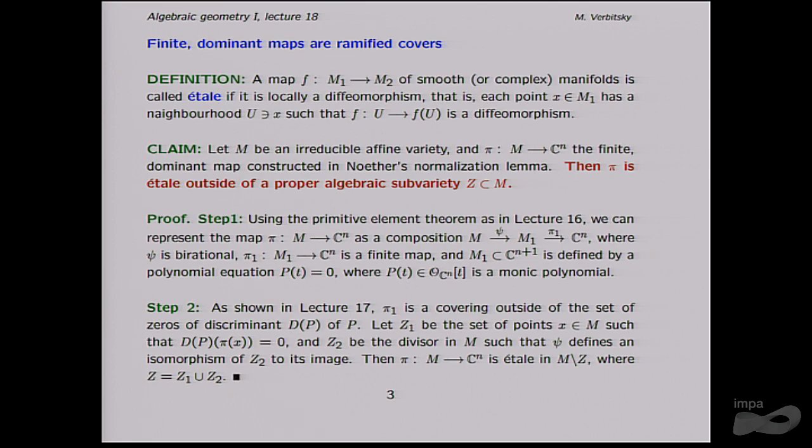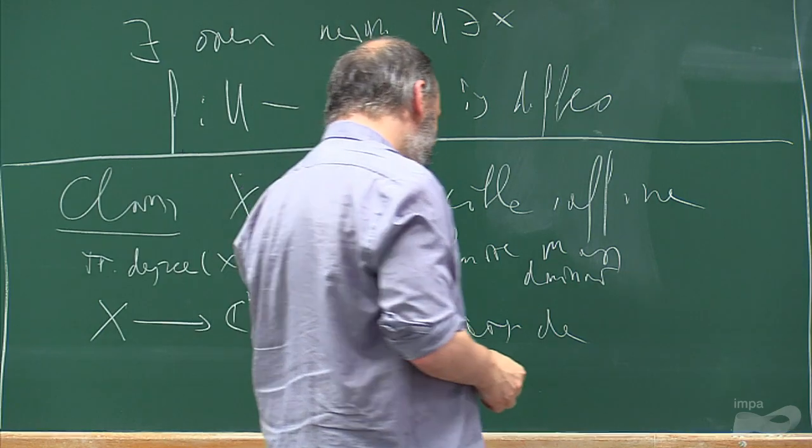You have a finite dominant map from X to C^n, which we have constructed, and it is étale outside of a divisor.